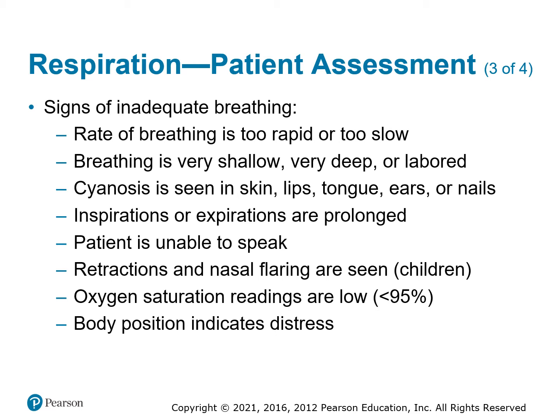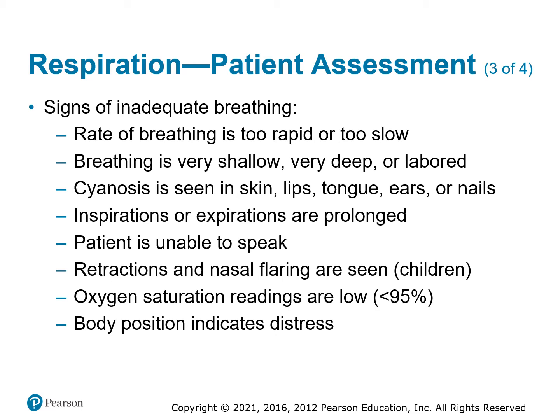Cyanosis of the skin. A lot of times we'll see this first around the lips or the tongue. We call that circumoral cyanosis. We might see a delayed capillary refill of the nail beds. Inspiration or expiration may be prolonged. Your patient may be unable to speak or may only be able to say 2 or 3 words at a time without trying to take a breath in between.